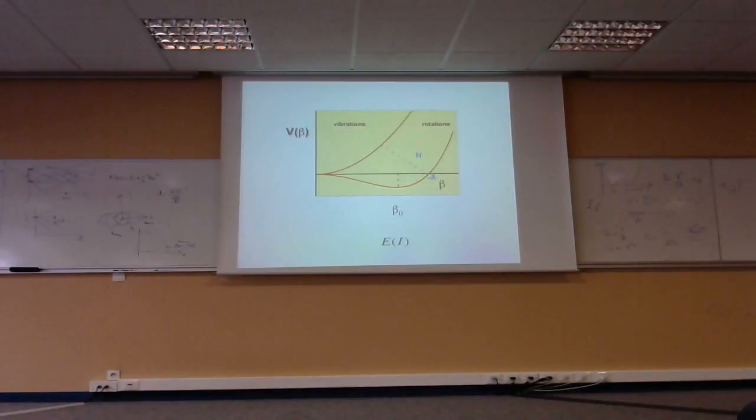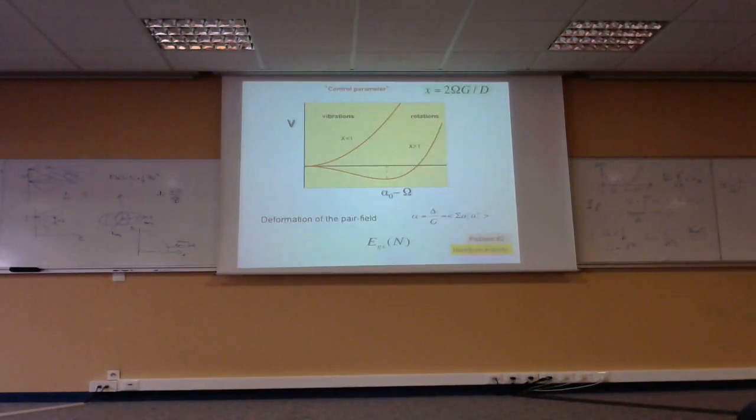Now, we talk about pairing. We argue about this control parameter here, which is proportional to omega G divided by D, and if this is large, then x is large. Now I'm plotting a potential as a function of a deformation, but the deformation, of course, is not in real space, in the sense that I'm not looking at the deformation of the surface of the nucleus.